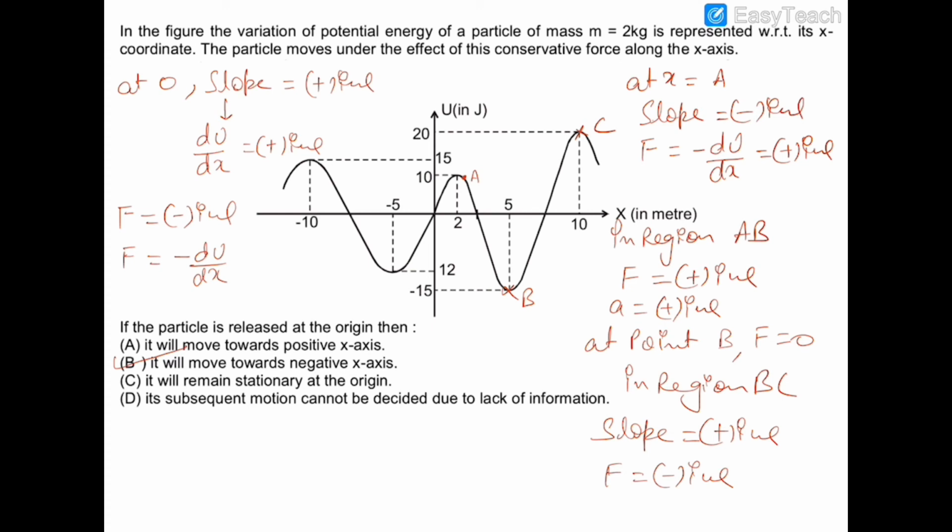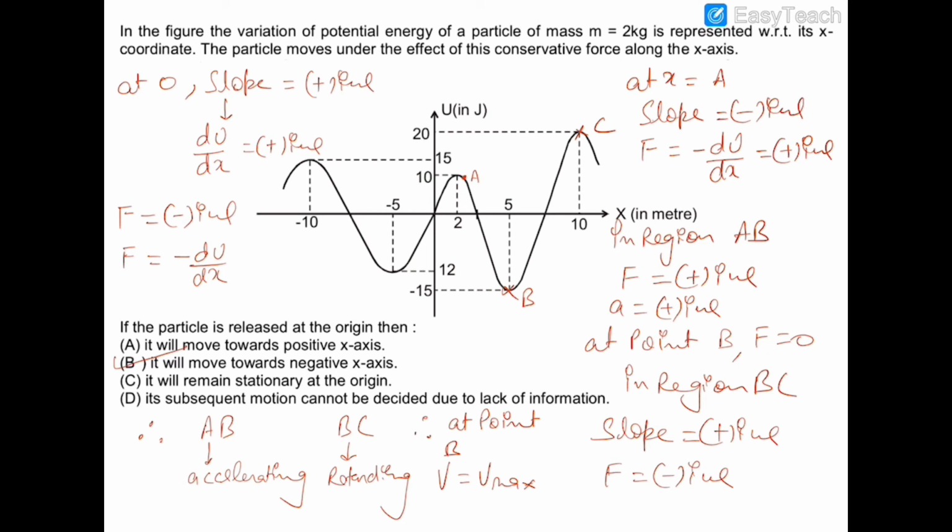Therefore in region AB the particle will be accelerating, and in region BC the particle will be retarding. So therefore at point B the velocity of the particle will be maximum.